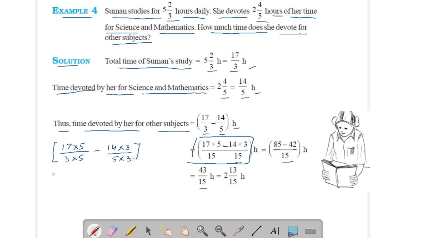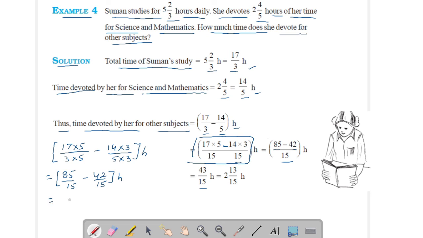And this can be written as 85 upon 15 minus 42 upon 15 hours.